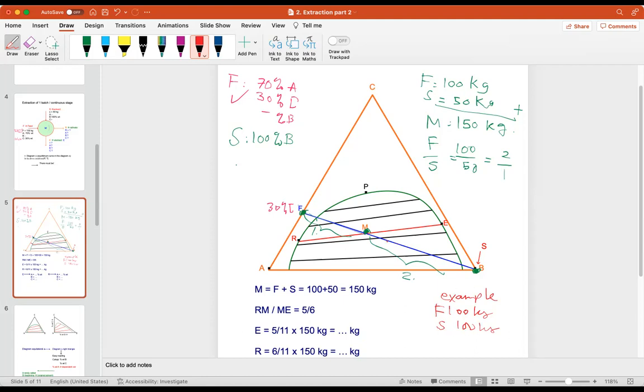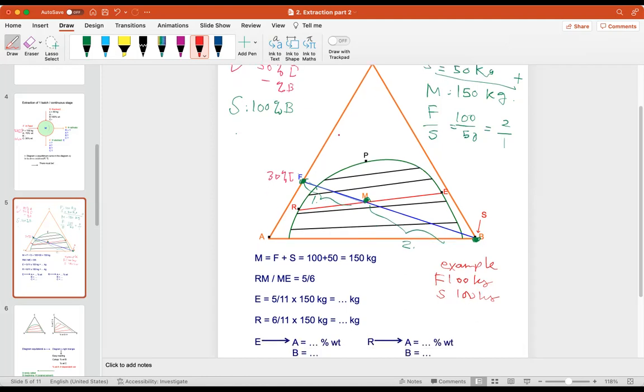So the ratio between the feed and the solvent will determine which one is the mixture. Okay, just let's say we have the mixture there.